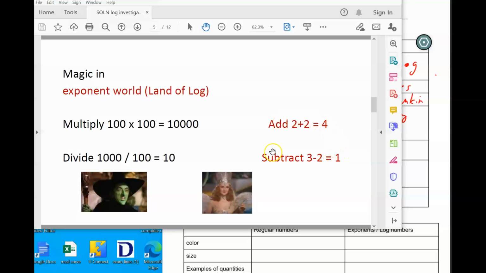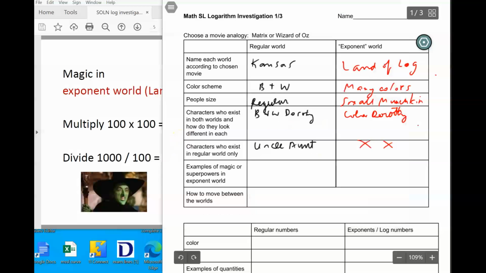So do you see? We have reduced complicated math operations, multiplication and division, to the simple math operations, addition and subtraction, by going to the land of Log. So there is magic in the land of Log, because we can do complicated math simply. Okay? So let's go back here and see if there's something.